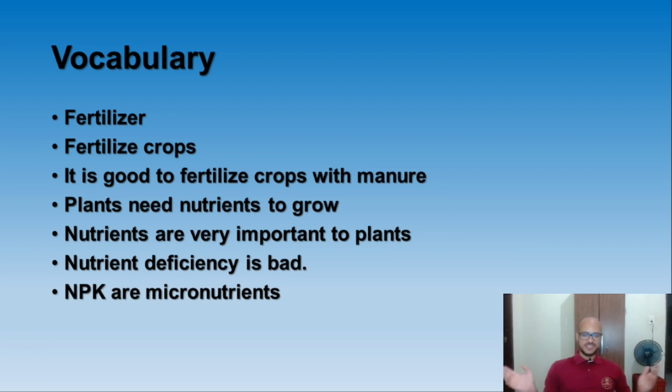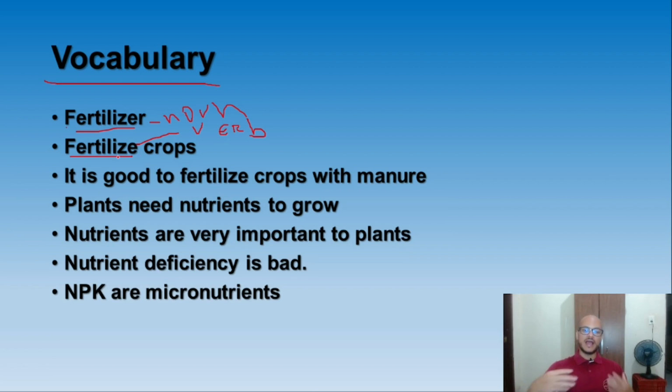So here we are already finishing, but it's really important to know some vocabulary. The word is fertilizer, and fertilize crops. This one is a noun, okay, a noun. This one is a verb, okay, verb.